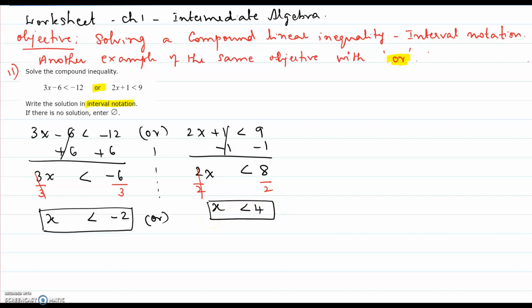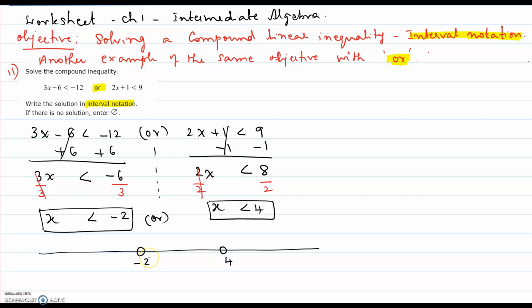Even though the question is to write the solution in interval notation, we first graph it and then we'll interpret the graph into interval notation. So let's draw the number line here. Then we see two numbers, negative 2 and 4. We'll place them in that order, negative 2, 4.